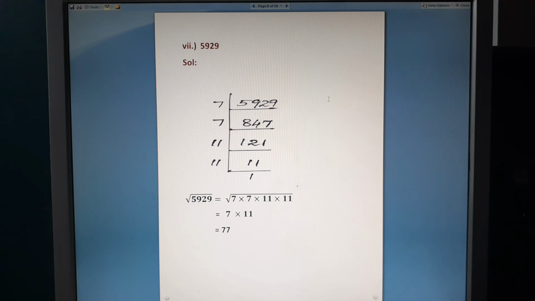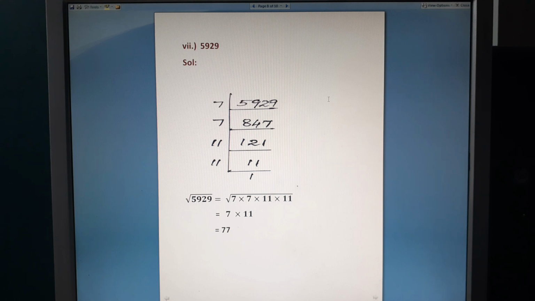Seventh one, 5929. Solution. See the prime factorization. 5929 by 7 is 847. 847 by 7 is 121. 121 by 11 is 11. 11 by 11 is equal to 1.